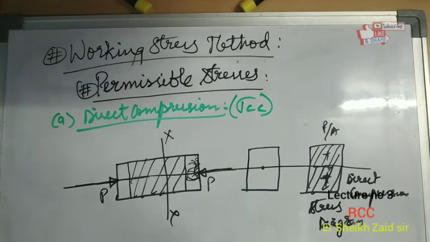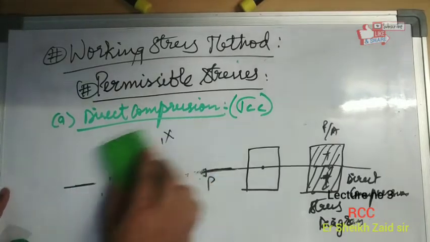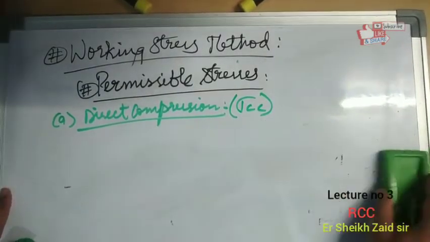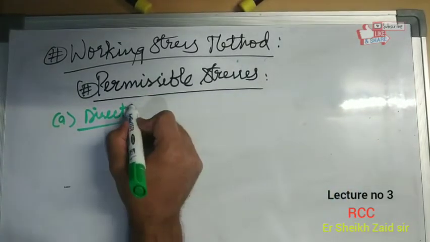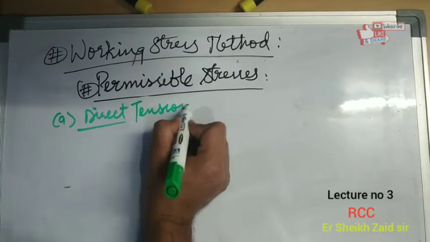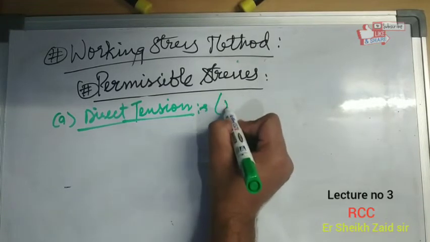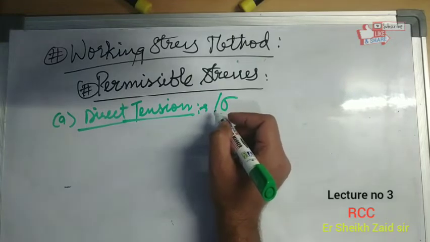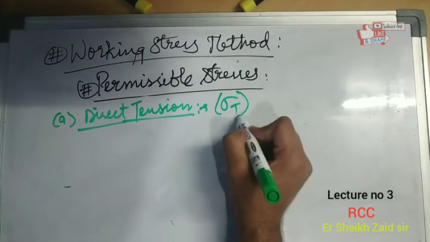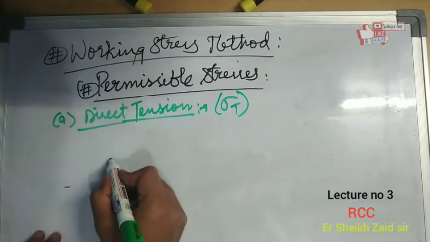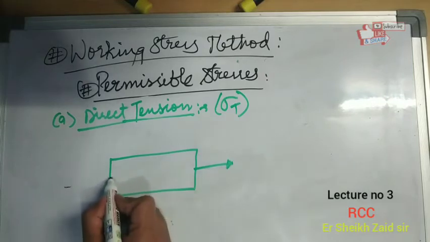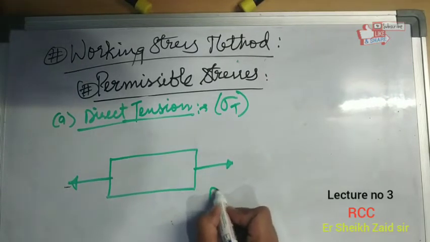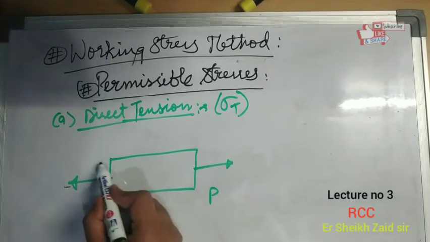The next is direct tension. The next permissible stress is direct tension, represented by sigma T. If this is an element or a member and it is subjected to a tensile force P, the deformed shape will be somewhat like this.